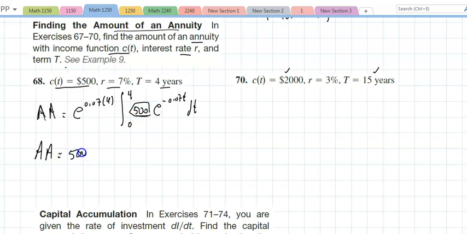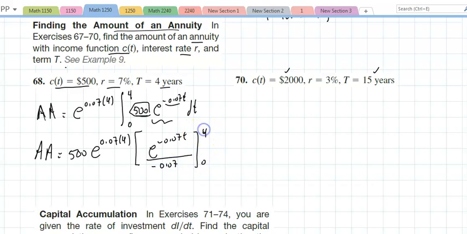I drag that. I could say 28, or you could just plug it in a calculator one shot if you want. What's the integral of that? That is e to the negative 0.07t. Remember, if I take a derivative, I multiply by that. If I take an antiderivative, I divide by that. I'm going to evaluate that from 0 to 4.